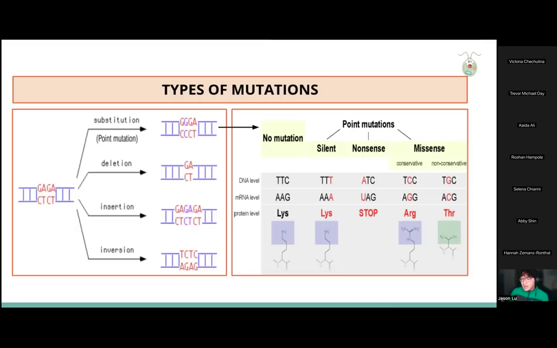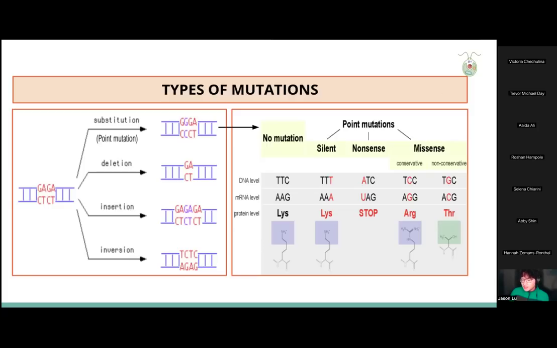Arginine, the amino acid, shares a lot of characteristics with lysine. If we just look at the shapes, you can see they're both really, really long. There's a nitrogen at the end of it, and they both have a positive charge. So if this happens, the protein can likely retain some of its function because, let's look at the amino acid, it's pretty similar. There's not too big of a change. So some of the function of the protein is going to stay.